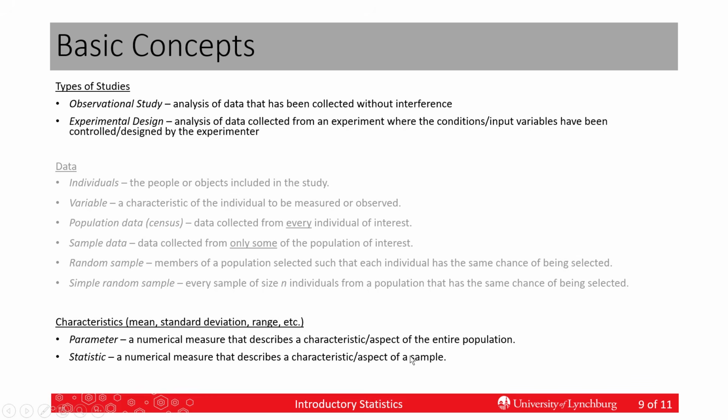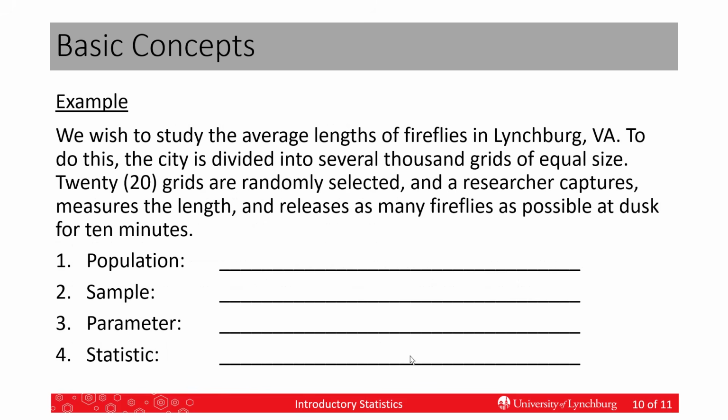All right. So let's put this together in a brief example. So we want to study the average lengths of fireflies in Lynchburg, Virginia. To do this, we're going to use a little sampling theory. We're going to divide the city up into several thousand square grids of equal size. What we're trying to do is make it small enough to where if we send one person to that grid, they can easily handle or measure the fireflies on that one grid.